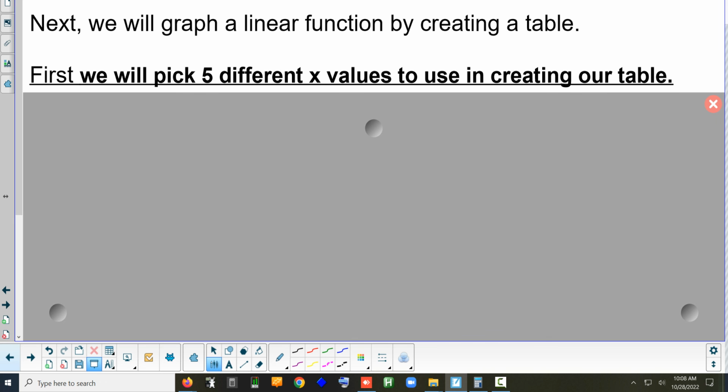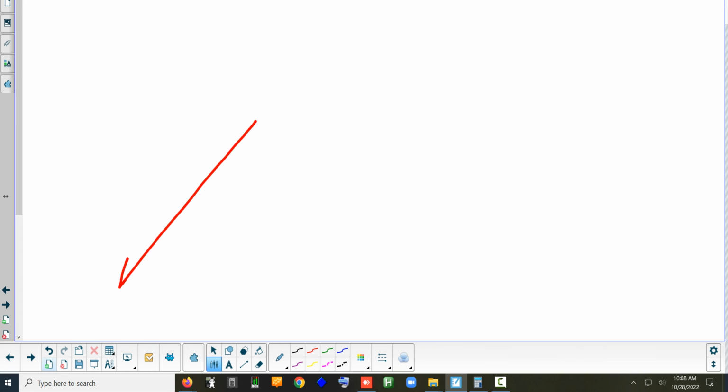Now, when you are drawing a line, you get to pick the points you want to use. Because we've talked about lines, and imagine putting points on it. How many points are on that line? Yeah? Infinitely many.